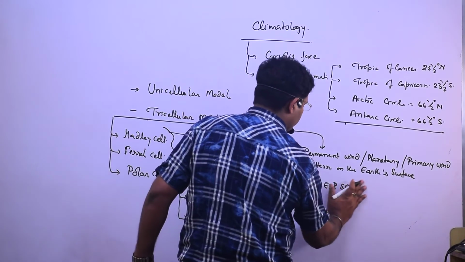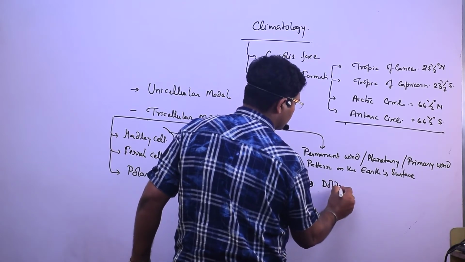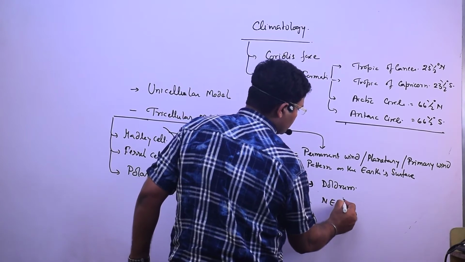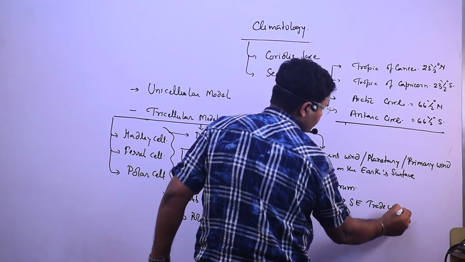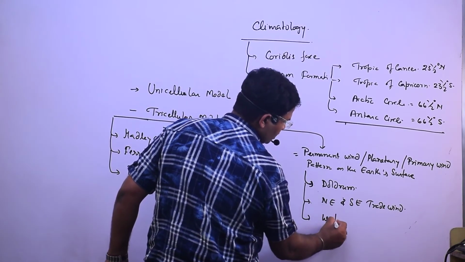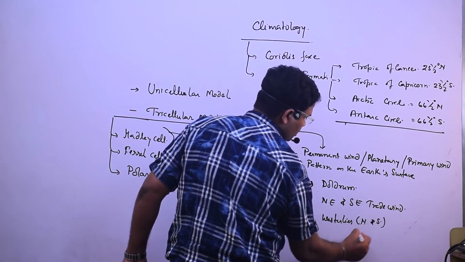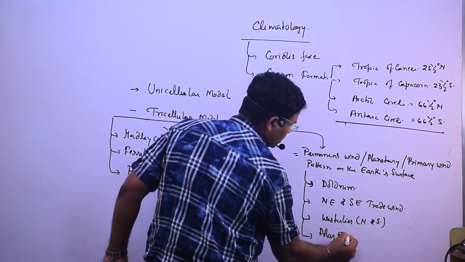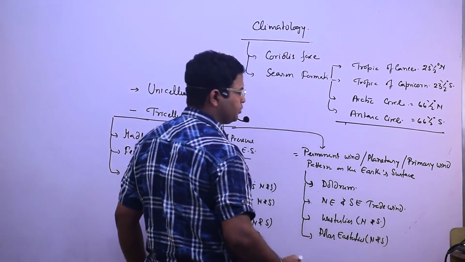And before that you will be able to understand the doldrums. Then we'll see the northeast and southeast trade winds, and thereafter the westerlies in the northern as well as the southern hemisphere, and another is the polar easterlies in the northern as well as the southern hemisphere.